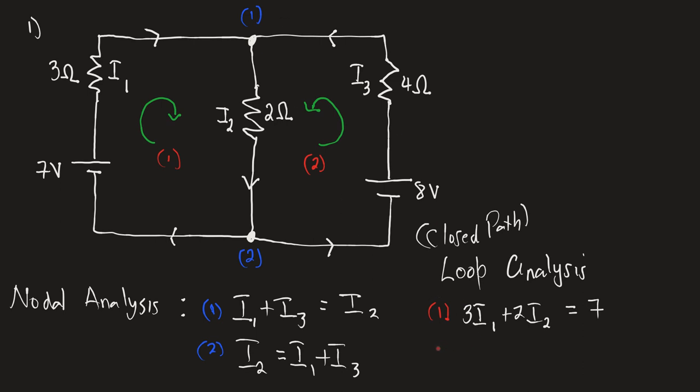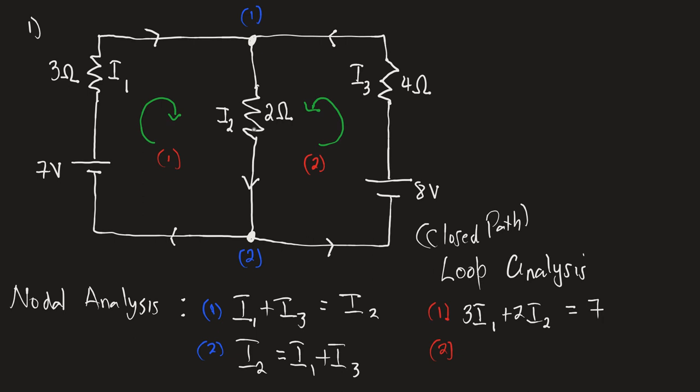And then finally, let's look at what happens in the closed loop, which is the right side of our circuit right here. Same principle. Product of resistance times current has to be equal to your total voltage.